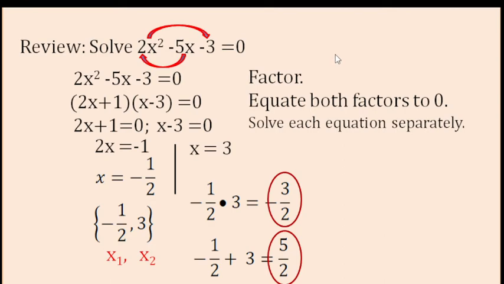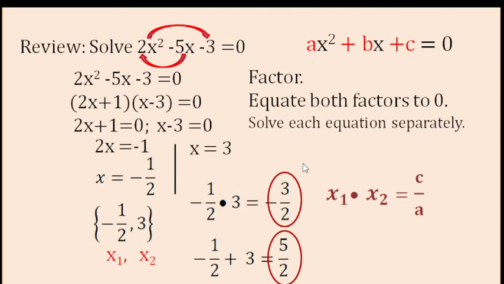Now from this, we have an observation that in a quadratic equation written in standard form, ax squared plus bx plus c equals 0, the product of the two roots, x sub 1 and x sub 2, is equal to c over a, the last term divided by the leading coefficient.